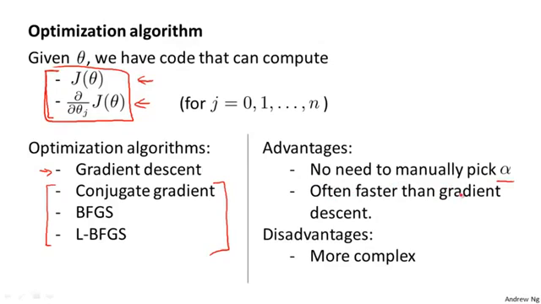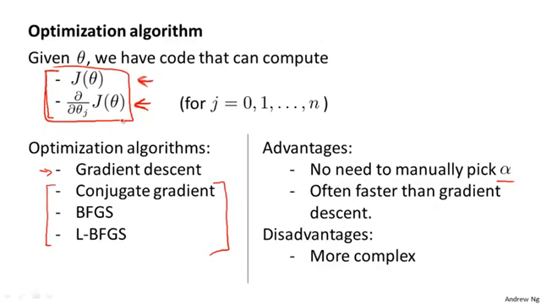One way to think of these algorithms is that given the way to compute the derivative and the cost function, you can think of these algorithms as having a clever inner loop. In fact, they have a clever inner loop called a line search algorithm that automatically tries out different values for the learning rate alpha and automatically picks a good learning rate alpha, so that it can even pick a different learning rate for every iteration, and so then you don't need to choose it yourself.